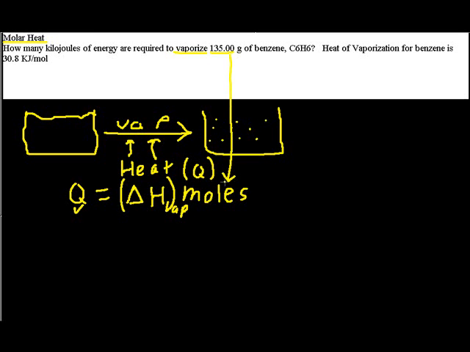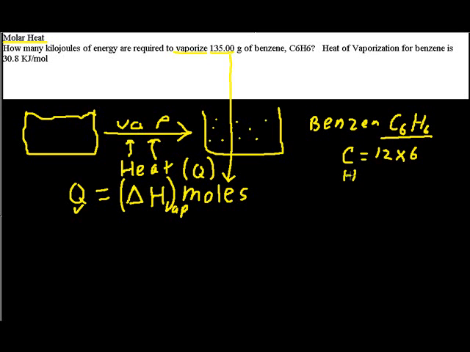So what we're going to have to do is convert the weight in grams into moles. We've done this many times before. We have benzene, which is C6H6, so we figure out the molar mass. Carbon, rounding it off, weighs 12. I have 6 of them.